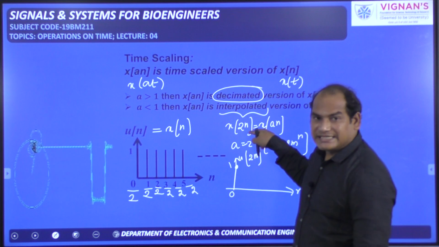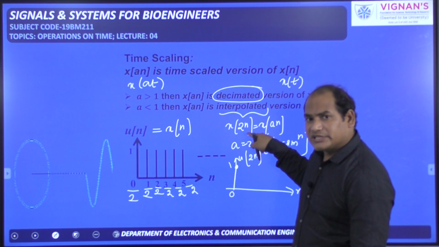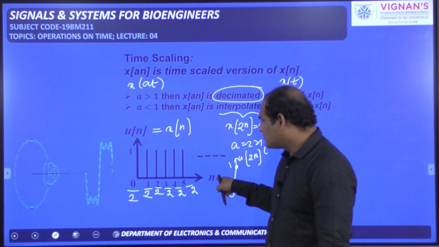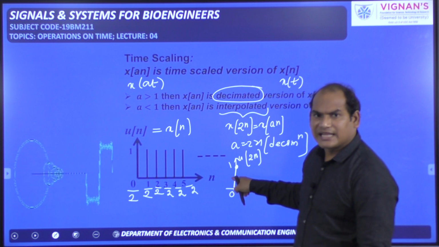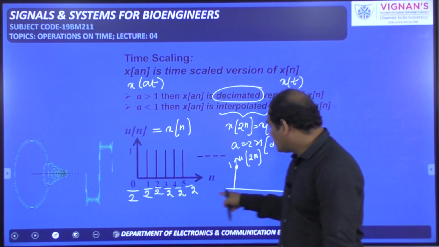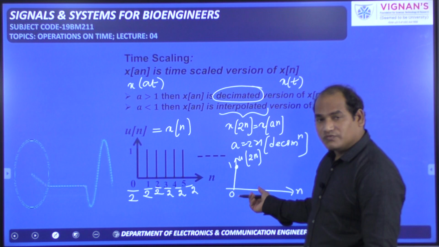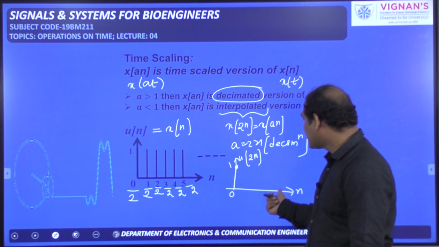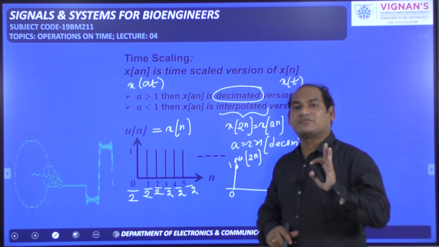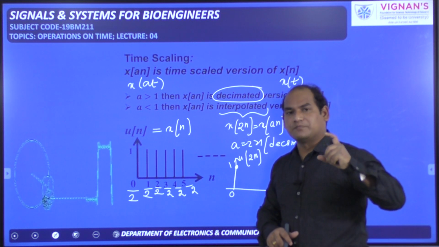We are talking about the discrete signals. So in this signal, you see the independent variable 0, 1, 2, 3, 4, 5 up to infinity, all are integers only. But here 1 by 2 is available. We should not take it because it is a discrete signal where n is the integer only. So these are the things you have to remember. That's why basics are very, very important. The definition is important.